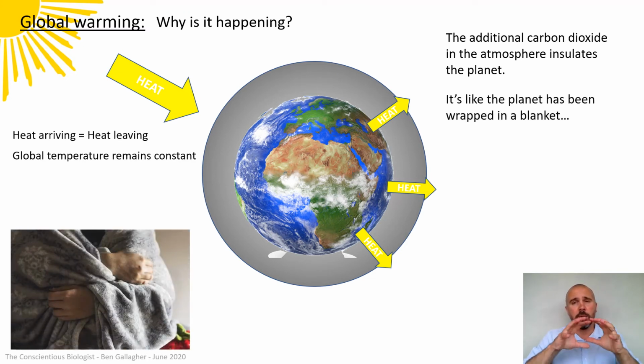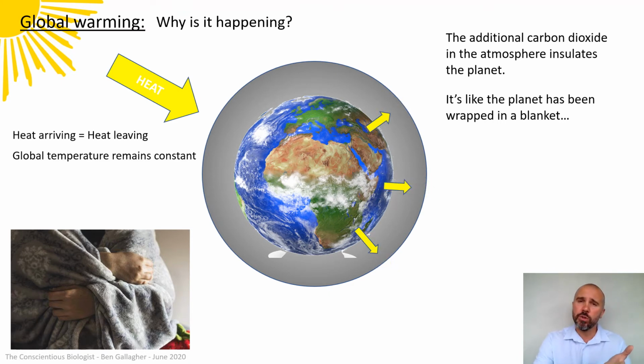It's literally like the planet's been wrapped in a blanket. Think if you get cold, you might put a blanket around you, you might put a jumper on to keep you warm. It traps the heat inside. And that's exactly what this does to the planet. Note I've dropped those arrows down because those arrows for the heat radiating out are much smaller now, because with that insulating layer, far less heat can escape and radiate back out into space.